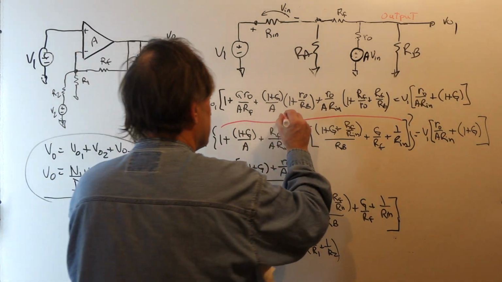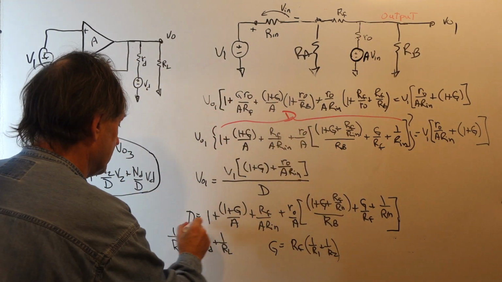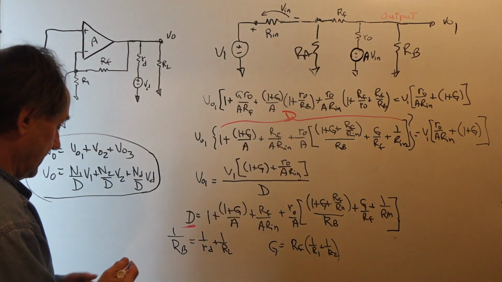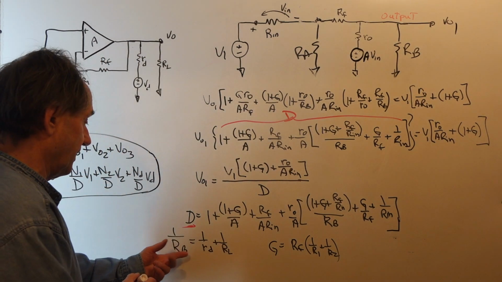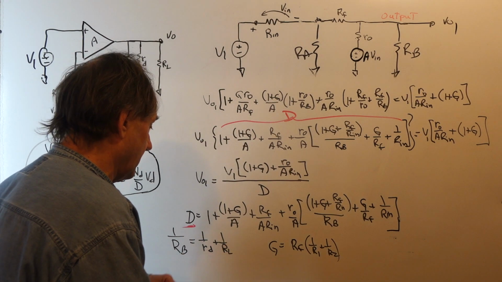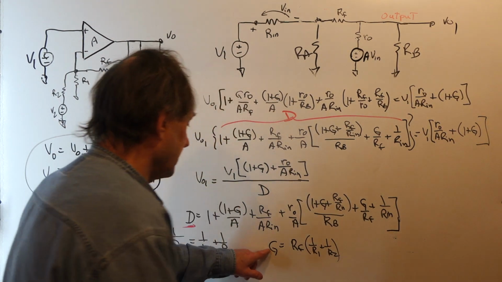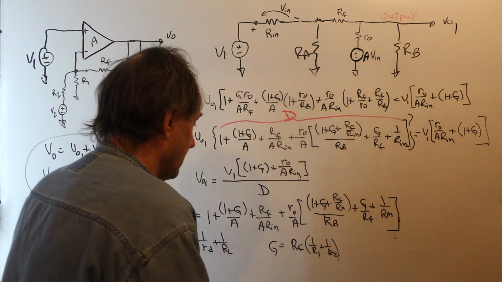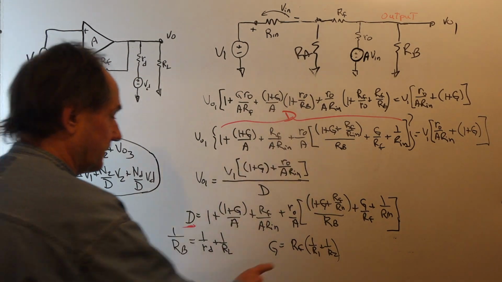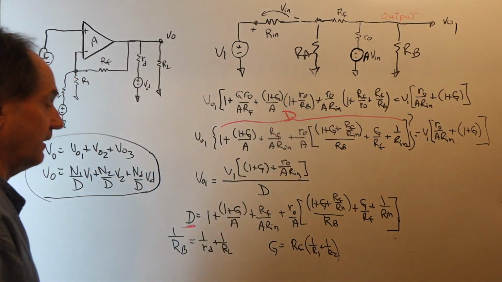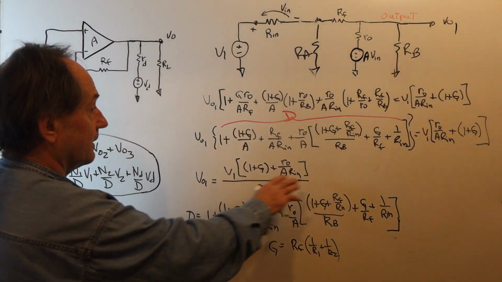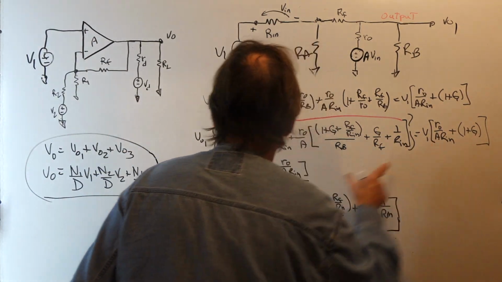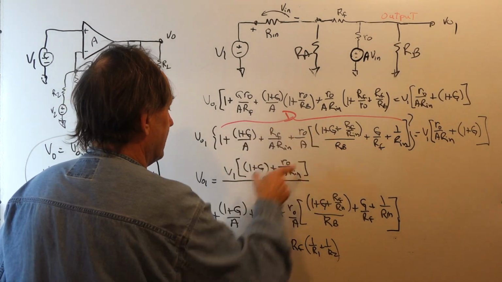And here are the definitions of RB and RG. RB is the parallel combination of RD and RL, and G is RF divided by the parallel combination of R1 and R2. So we have V1 times this divided by D.